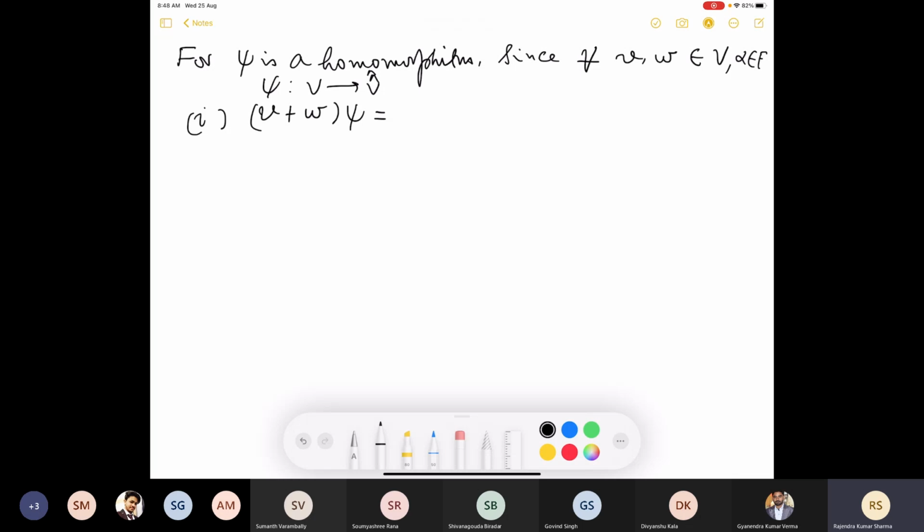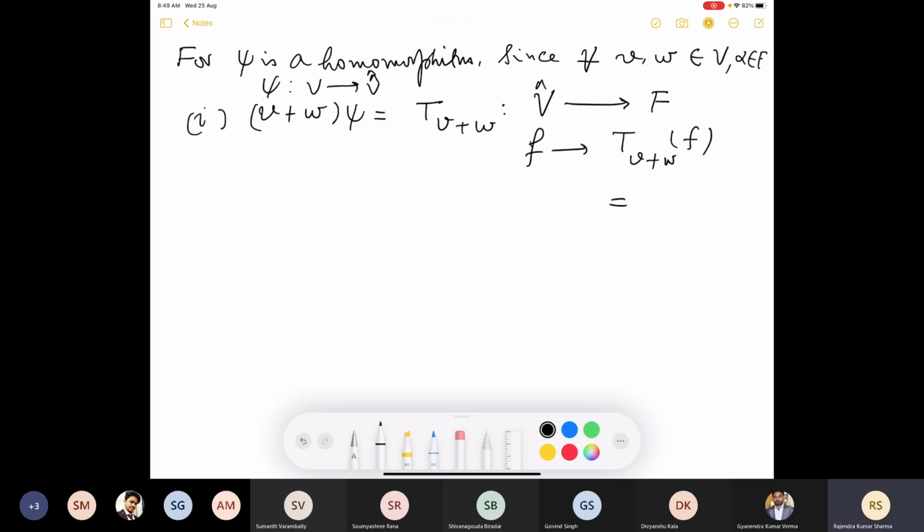This is T_(v+w), and this is a map from V hat to F. How is it defined? f goes to T_(v+w) of f.